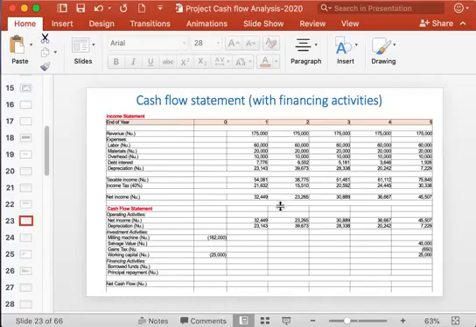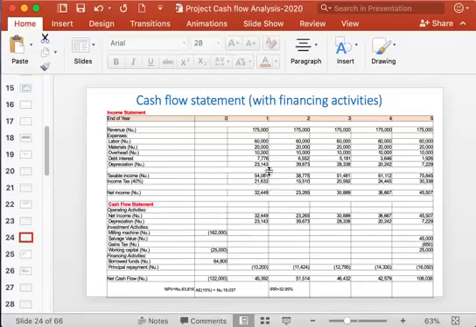Okay, so for the first year the interest amount is 7,776, which is 12% of this 64,800.